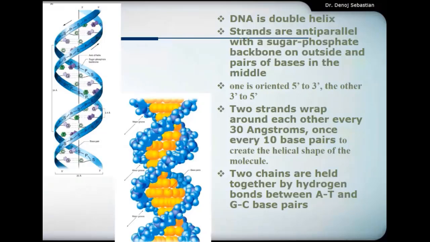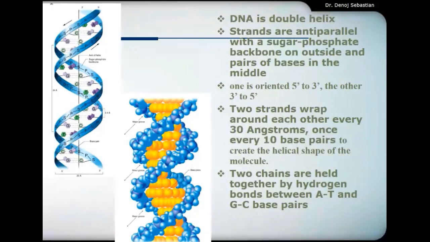That means if one strand is running in the 3' to 5' direction, the other will be running in the opposite direction, 5' to 3'. That is one of the main properties of the DNA double helix.